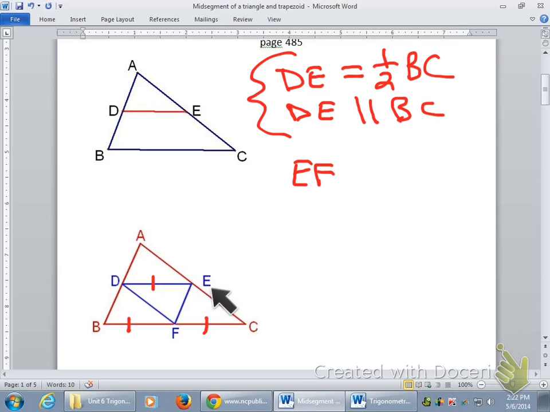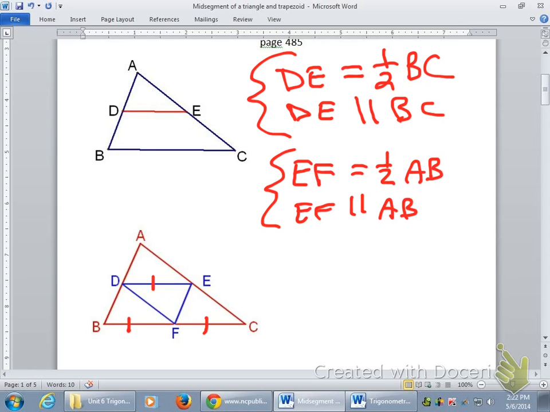Very good. Remember, EF is also half of AB, and it's parallel to AB. So there's something else. It's actually another midsegment.